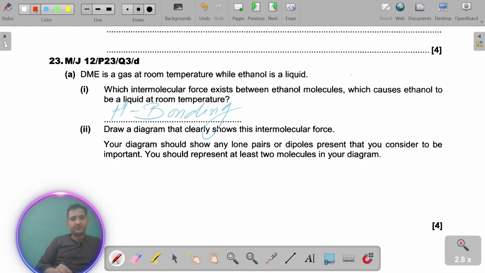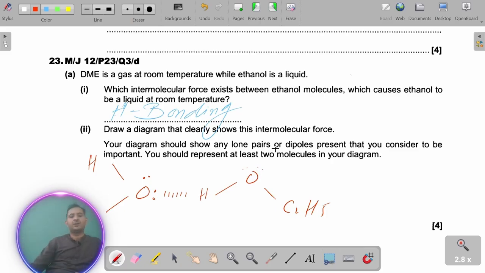Ethanol is actually C2H5OH, with the oxygen bonded to this hydrogen, and the lone pair of oxygen will attract the hydrogen of another alcohol molecule. It is the type of bonding, and everything is done from 2012 to 2024.